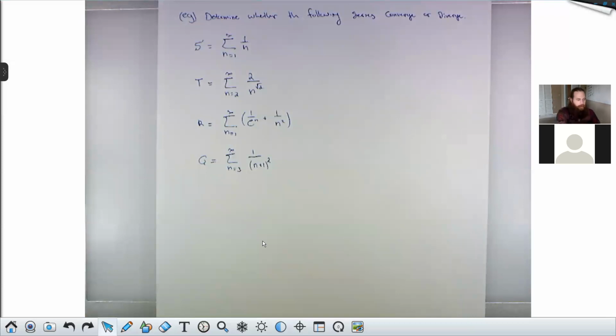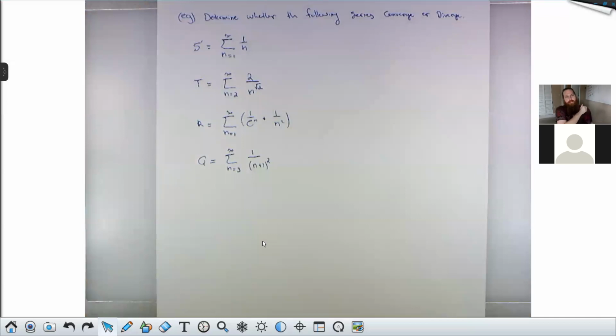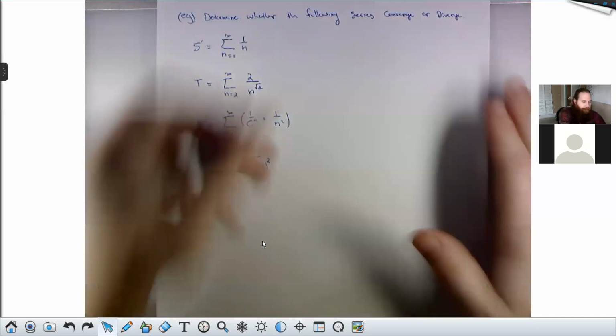Good, TFD is inconclusive. In fact, TFD is inconclusive on all of these. That's by design. We could use the integral test if we wanted to, but it's a P series.